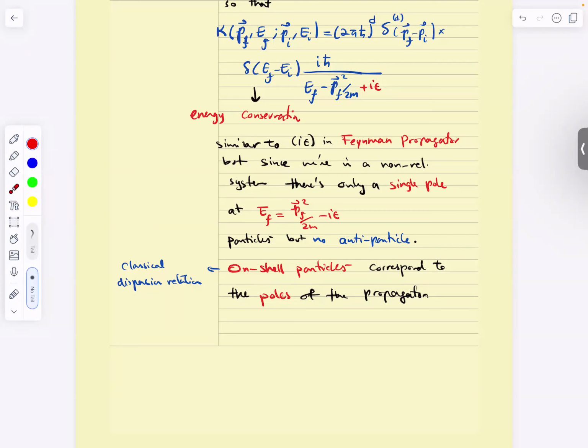If you find a pole, that means that that theory had a particle. If you find a pole on the real axis here, that had a particle with that mass. Every pole in the propagator, remember this is super important, every pole of a propagator corresponds to an actual on-shell particle.